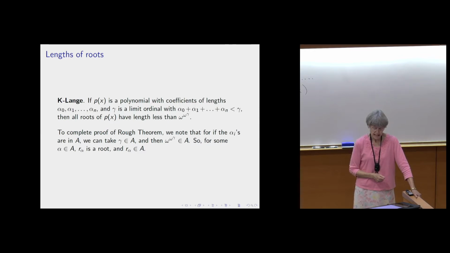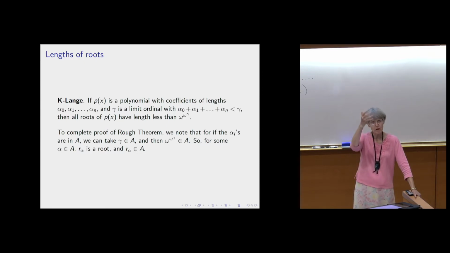Then we take γ to be, say, the next limit ordinal after the sum of those. Then we can say that all the roots of P have length less than ω^γ. I'll come back to what went into proving this, but for now let's try to finish this rough theorem.